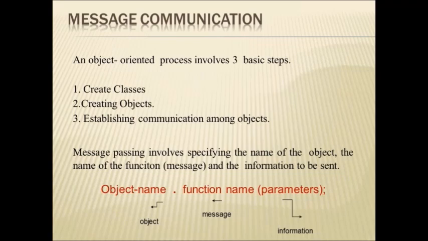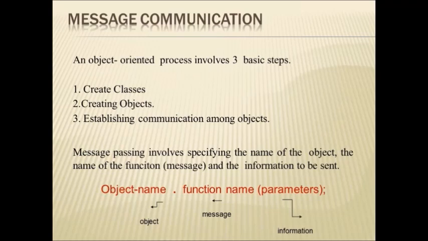So it involves three basic steps. One is to create classes. The second one, after creating classes, you have to create objects and establish some communication among objects in the form of messages. So how can the communication be done?